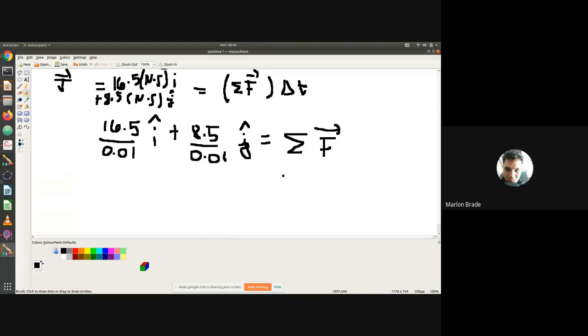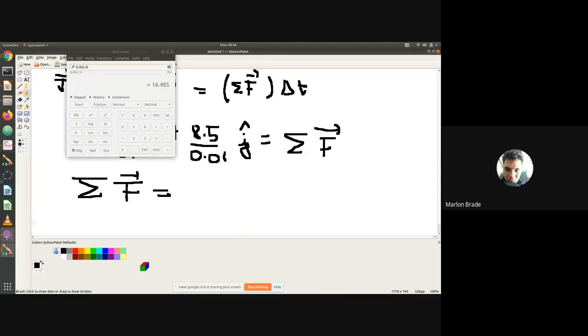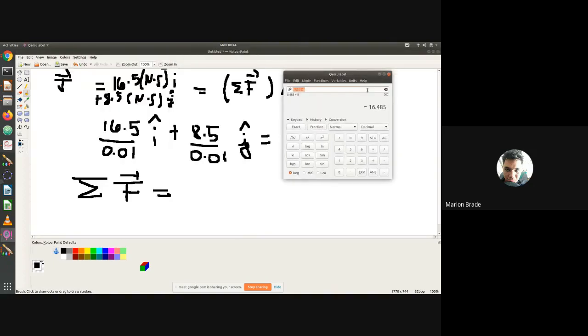Okay, so the summation of the net force F is now equal to 16.5 divided by 0.01.